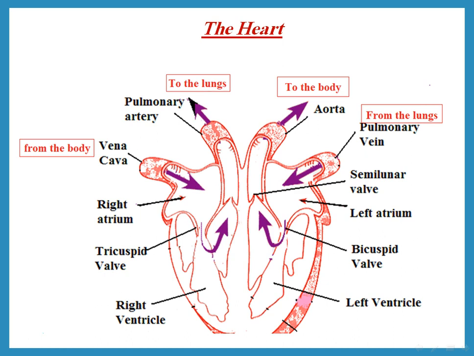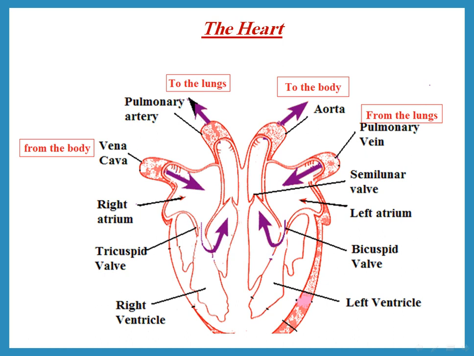The walls of the atrium contract, pushing the blood through the bicuspid valve, or sometimes we call it the mitral valve, into the left ventricle. The left ventricle, its walls contract, pushing the blood through the semilunar valve to the aorta that carries the blood to all the body.